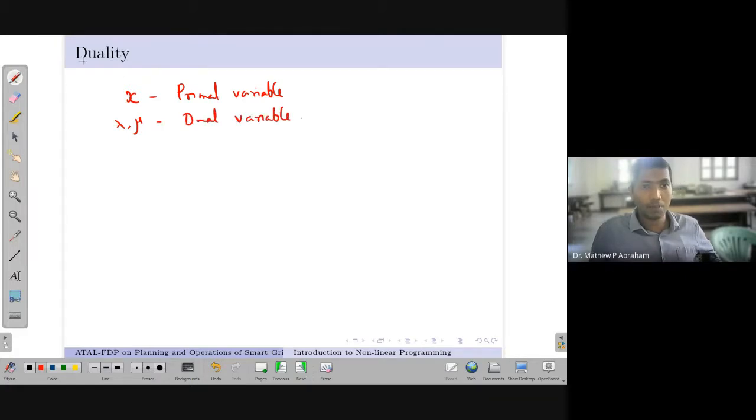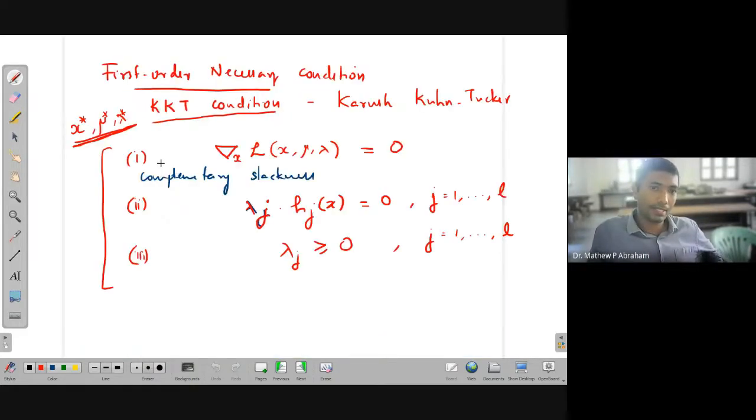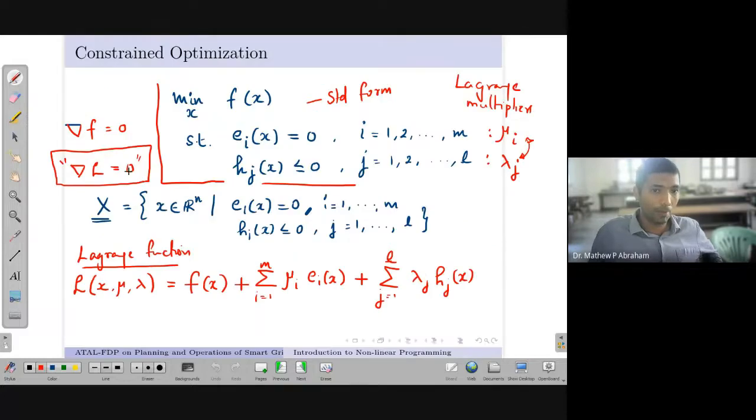I'll quickly explain what this duality in optimization problems is, and maybe we'll stop with that. We may not get time to explain the penalty function. Fine. So what is duality? What duality is saying is that it is actually posing a question. The question is that solving this constrained optimization problem, even with first order necessary conditions, is not easy.